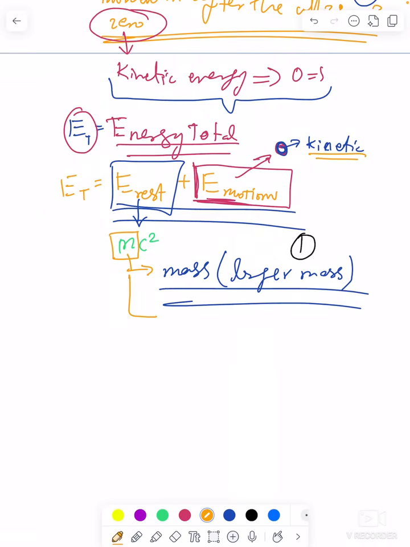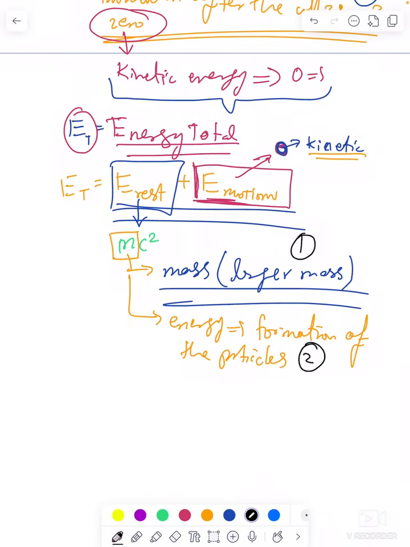Second, the full amount of energy is used in the formation of the particles. That's the second advantage.